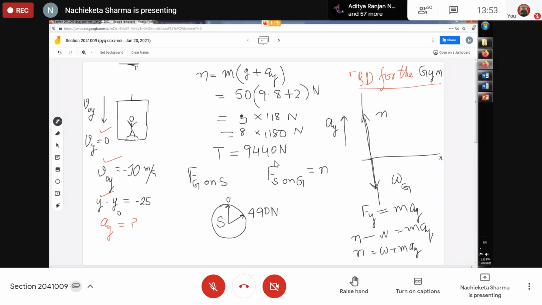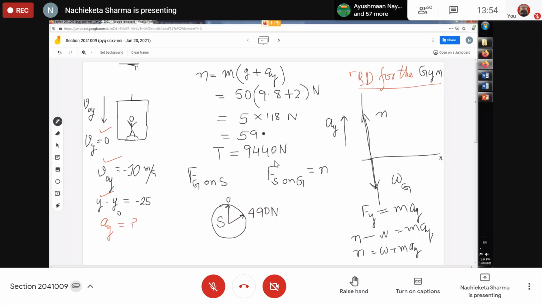So you see the weight of the gymnast was 490 Newton, but you will be getting a normal force of 590 Newton. That means your scale is showing an extra weight of 100 Newton. So now this will be 590 Newton, not 490.